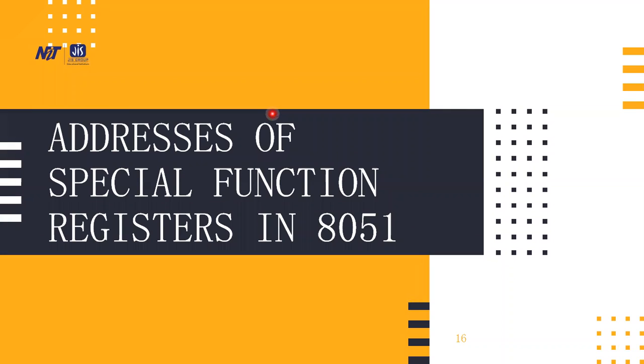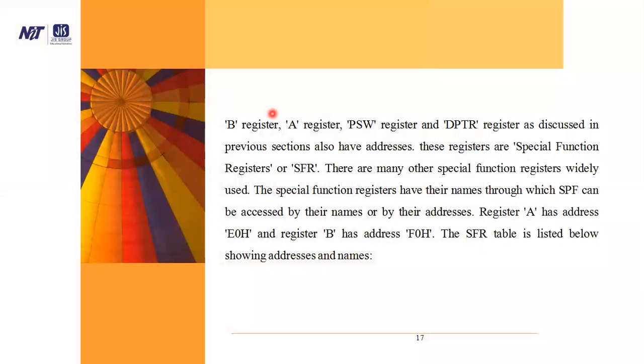Addresses of special function registers in 8051. The B register, A register, PSW and DPTR register were discussed in the previous classes. These are special function registers, also known as SFRs. There are many other special function registers widely used. The special function registers have names through which SFRs can be accessed, or by their addresses.